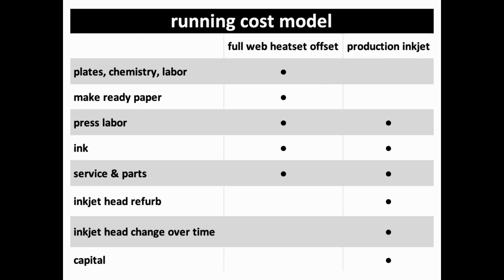There is that moment of the press being stopped, pulling out the defective inkjet module and replacing it. It's different for different press manufacturers. So I put that in there as a line item because it does impact the output that you'll get on that press during a period of time. You're either going to refurbish that head or replace it from a new module standpoint, but you also have press stoppage to change it over.